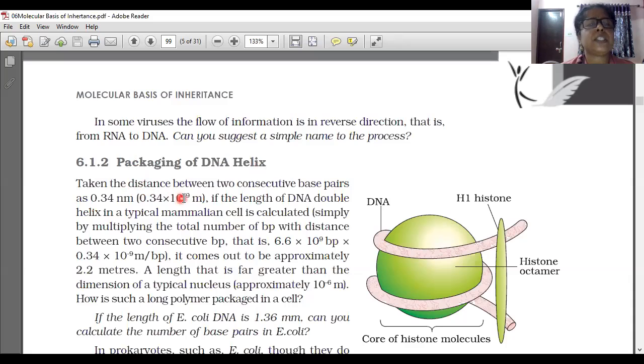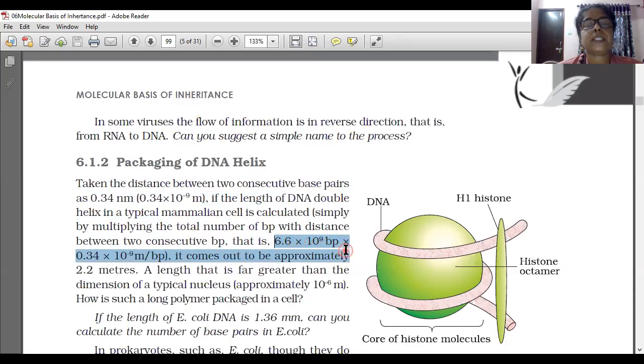Taking the distance between two consecutive base pairs as 0.34 nanometer, the length of the DNA double helix in a typical mammalian cell is calculated by multiplying the total number of base pairs with the distance between two consecutive base pairs.